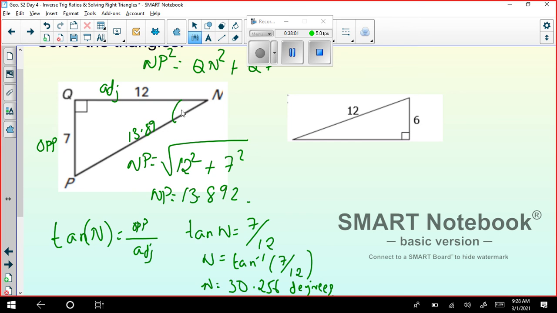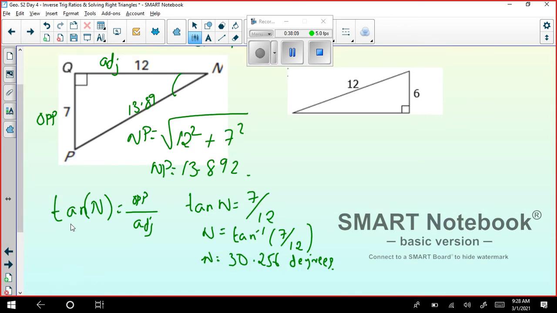I have this N. I can find P using the sum of angles in a triangle being 180. So angle P equals 180 degrees minus, this is angle Q which is 90, and this angle N is 30.256.